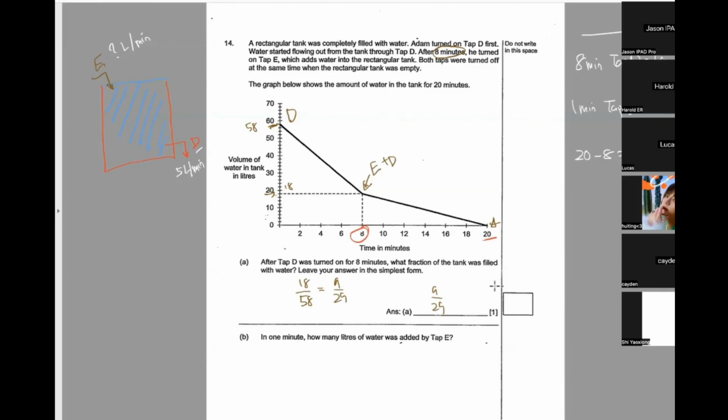During these 12 minutes, tap D is still turned on. So there is water flowing into the tank from E, and water draining out of the tank from D. For 12 minutes, and then the whole tank becomes empty.